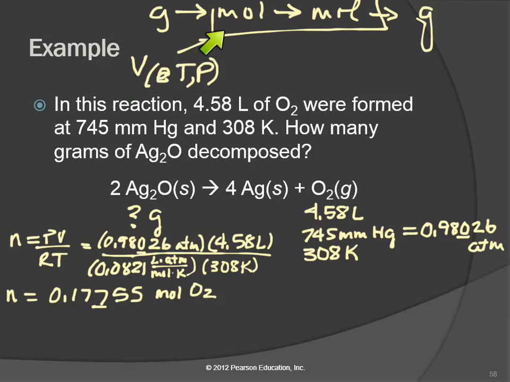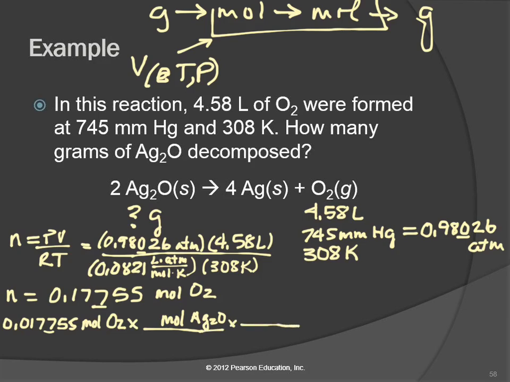So we use the ideal gas law to get from volume to moles of oxygen. Now we just finish it in the normal way. So we got this 0.17755 moles of oxygen. I want to convert that to what? Moles of something. We're at moles, we need to go to moles and then to grams. So I'm going to convert it to moles of what I'm trying to find.